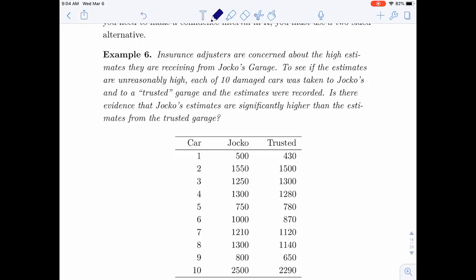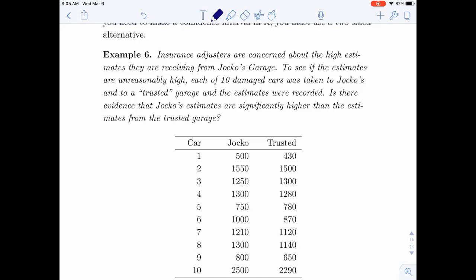We know that not all cars are going to have the same amount of damage, and that's going to affect what the estimate is. And so if there's a lot of damage, then of course both garages are going to give a high estimate, right? But what we do with paired data, because we're doing these two measurements on the same car, is we just calculate the difference between the two, and then we'll be able to analyze the differences between the Jocko's estimate and the trusted estimate.